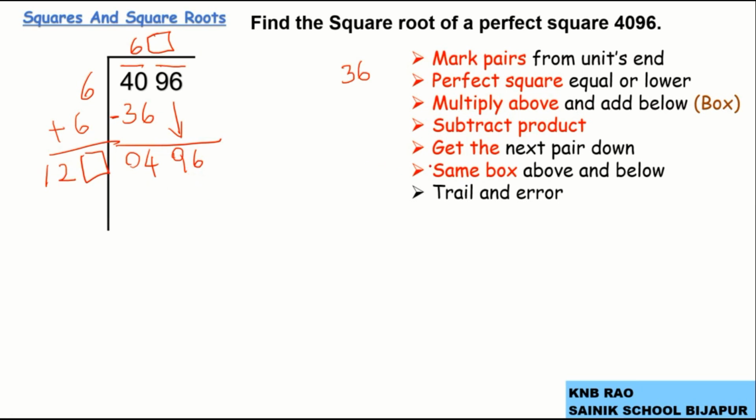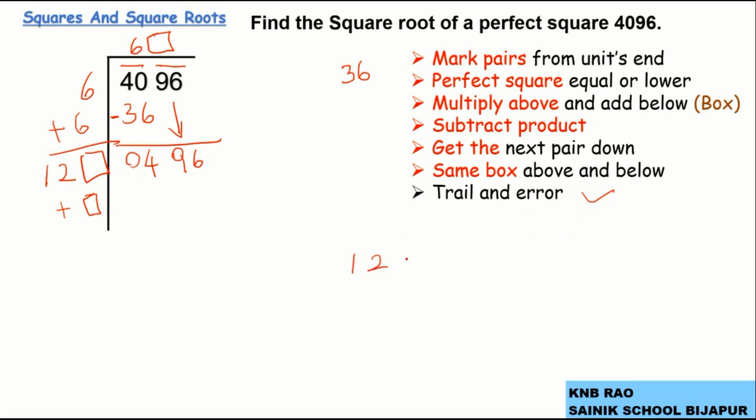Now after that, the same box is drawn above and below, and we have to choose by trial and error a digit.